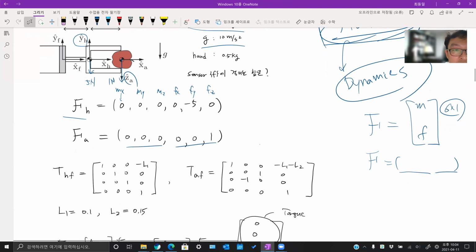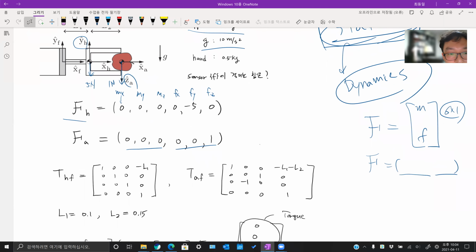So, and then we can get the homogeneous transformation matrix. The homogeneous transformation matrix HF can be easily calculated by using our intuition.